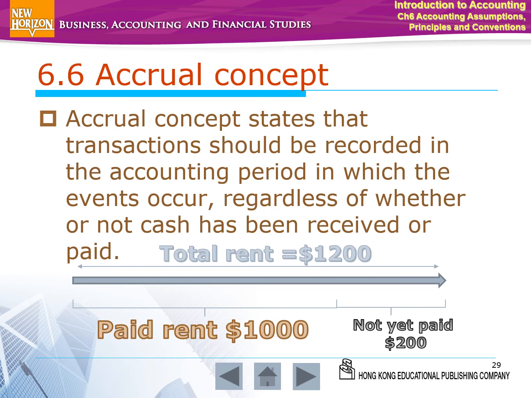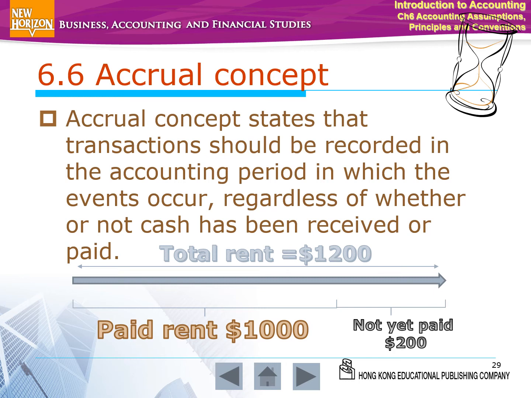You see, from the beginning of the year to a certain point of time, you have paid rent for $1,000, but you still owe $200, which has not been paid to the tenant.